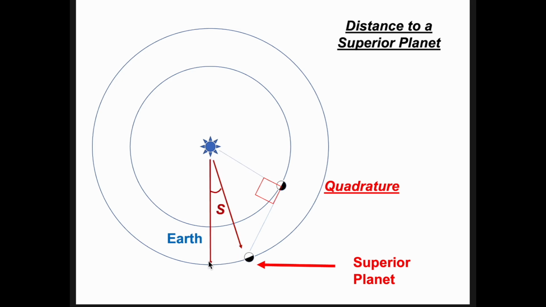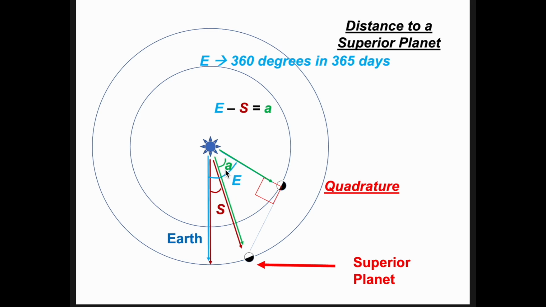Because we know how long the superior planet has traveled, and we know how long its year is, we're going to be able to figure out this angle right here, we're going to call S, and remember, same basic thing, we know how long the Earth has traveled from this point to this point, so we're going to be able to figure out this angle that we're going to call E. The Earth goes 360 degrees around the sun in 365 days, so the difference between these two angles, E and S, this is going to give us the angle A that we want.